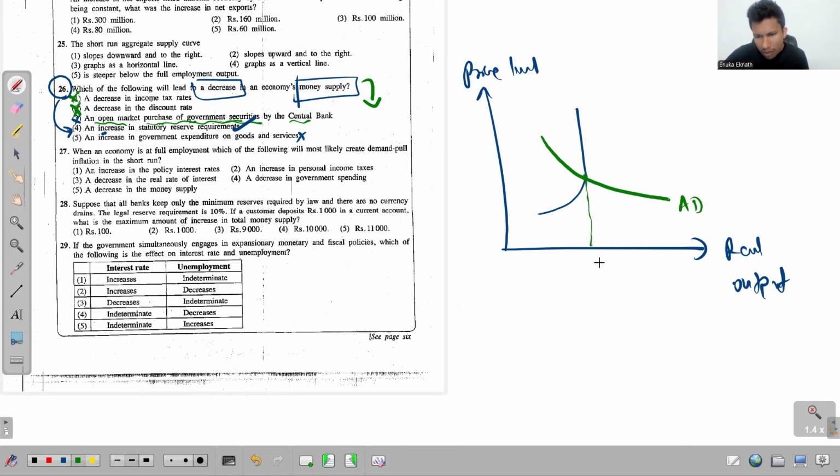This is the full employment level of national income. So right now the economy has sufficient aggregate demand to achieve the full employment level of national income.